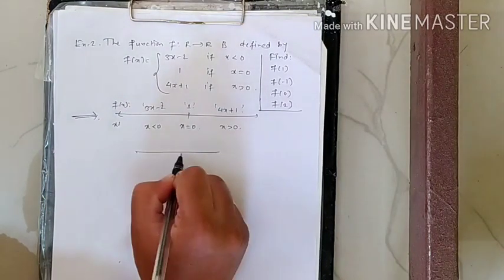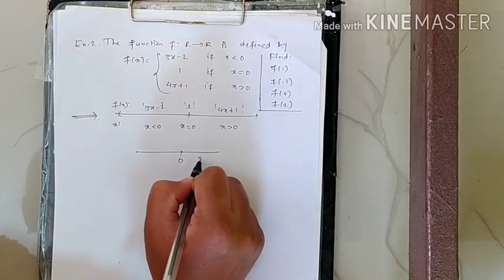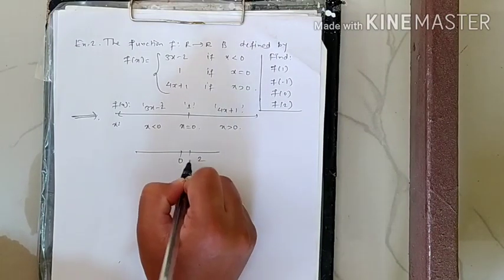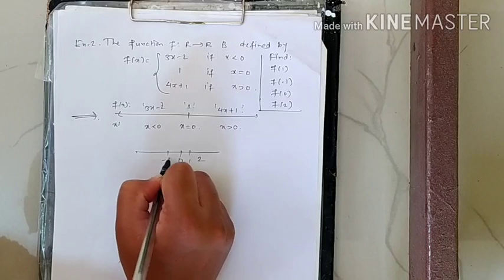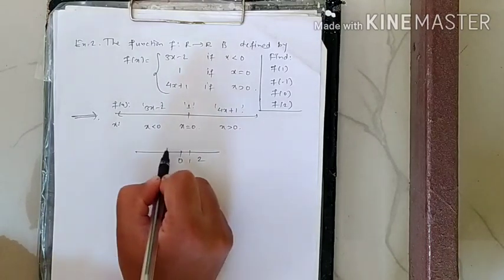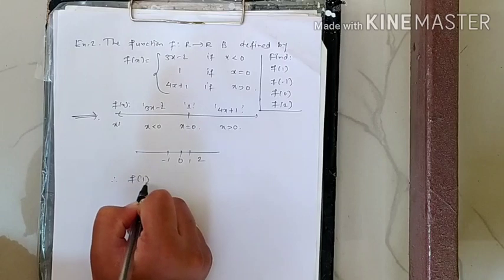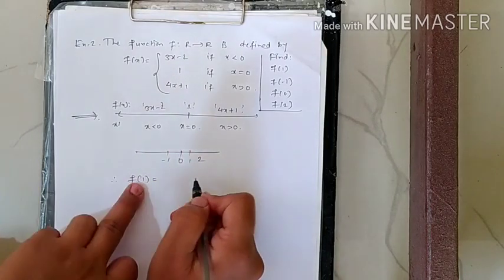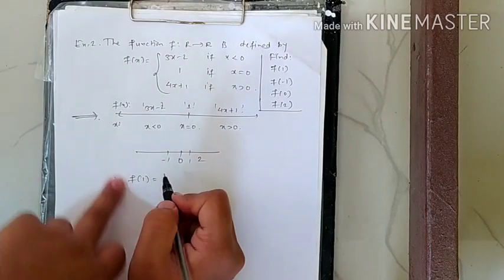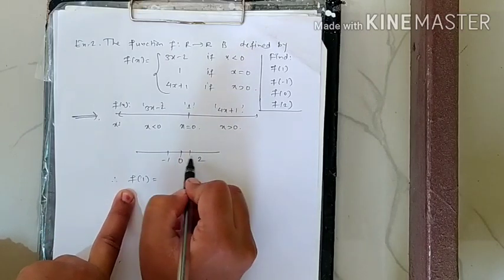So we know that 0, 2 is greater than 0, 1 is greater than 0 and minus 1 is less than 0. So for this you can use, so therefore f of 1 is equals to, for finding f of 1, 1 is greater than 0.